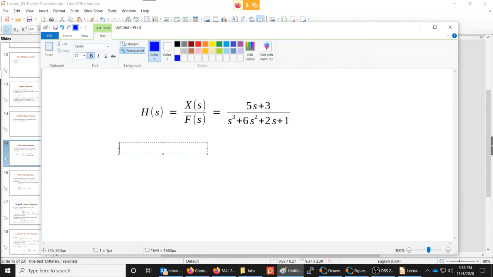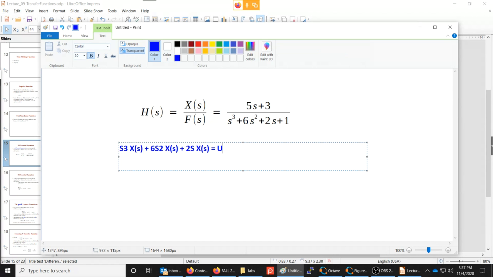Let me just cross multiply. So I get s cubed times x plus 6s squared times x plus 2 times s times x, or x of s, sorry, is equal to this function.